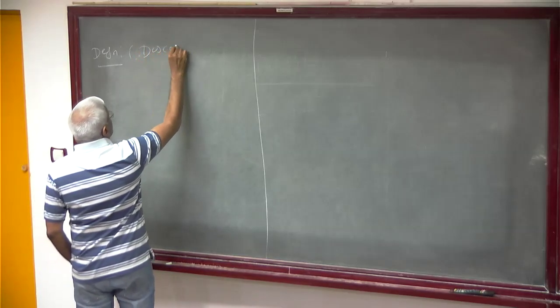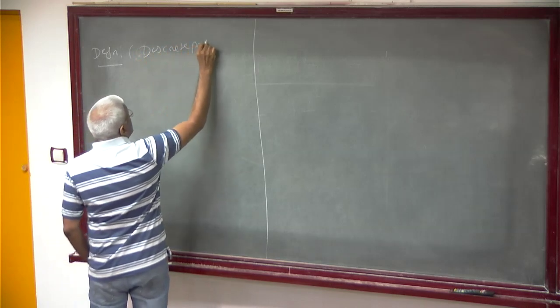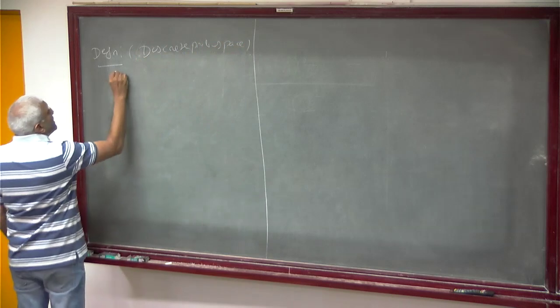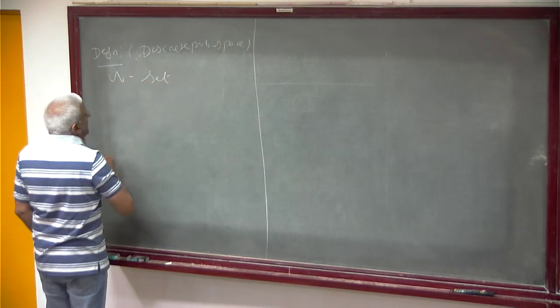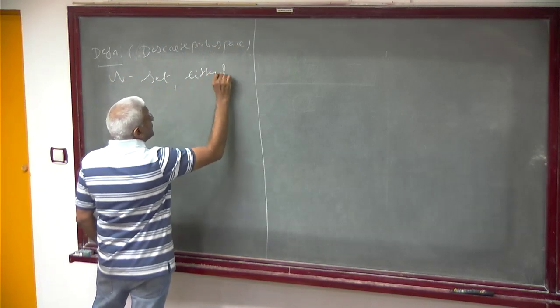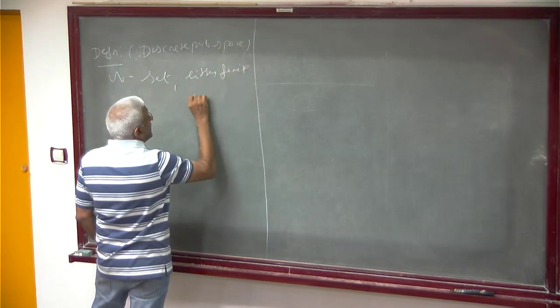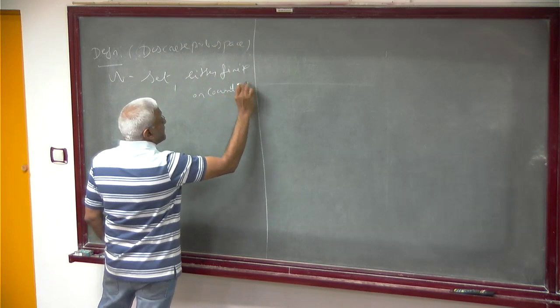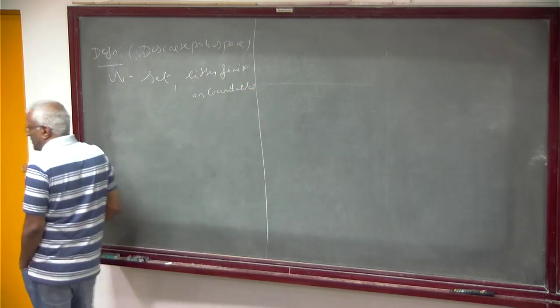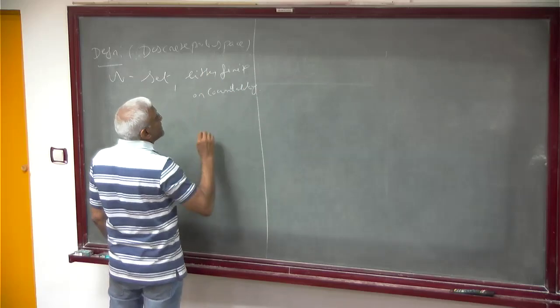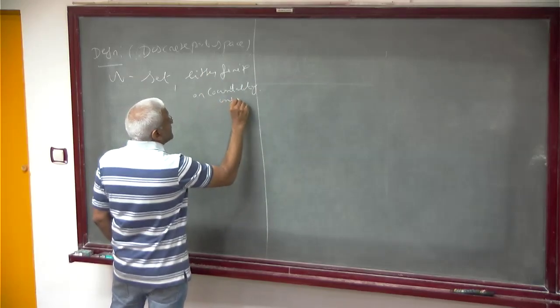Omega is finite or countably infinite. That's what we call discrete, or countable, which includes finite and countably infinite.